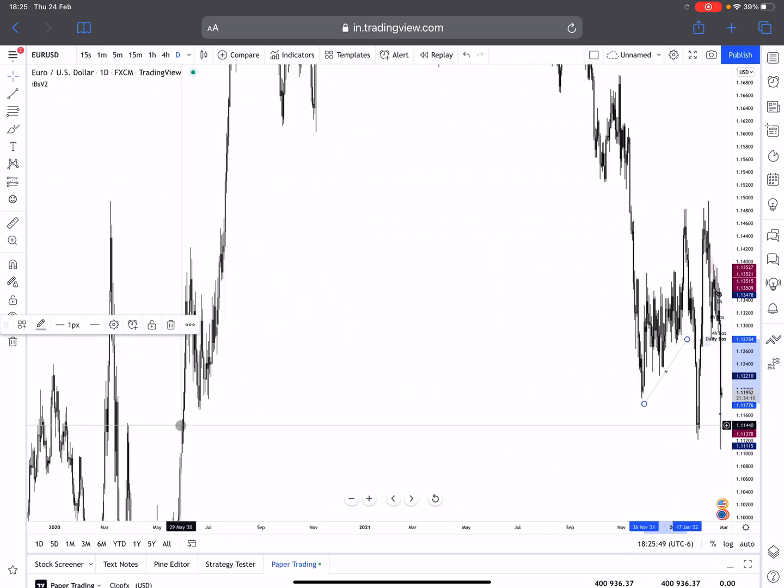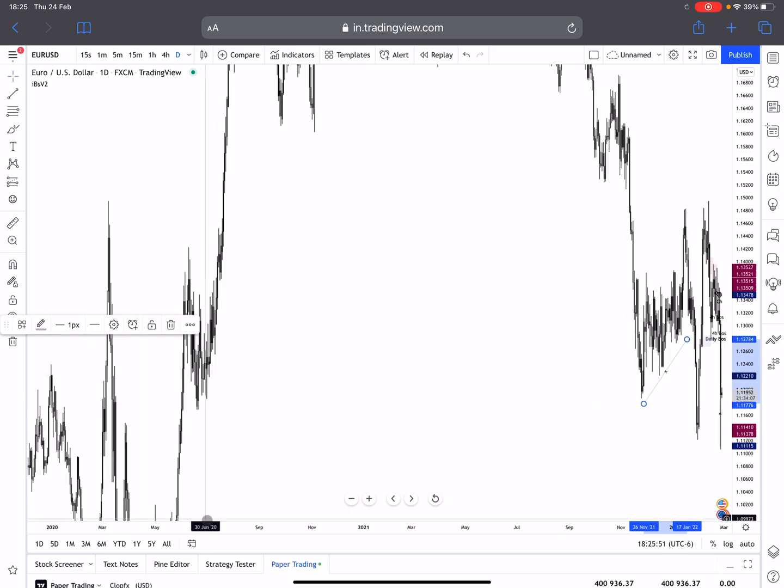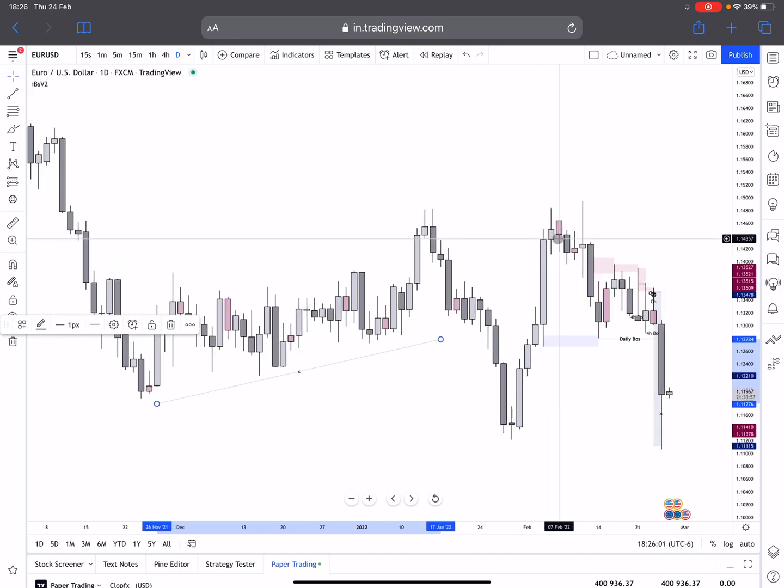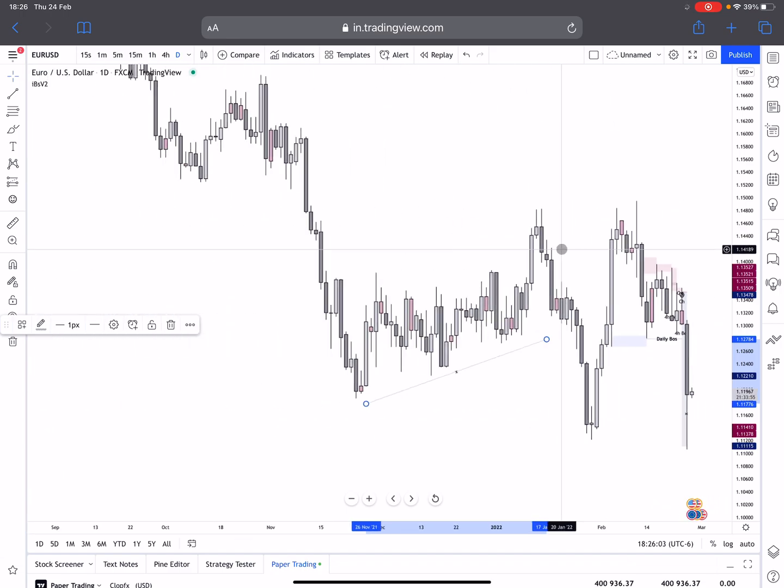React to some type of demand here, but remember that's just a pullback. We're still bearish. But I was aiming for this daily order block supply zone here, but it didn't get there. Probably in the near future.